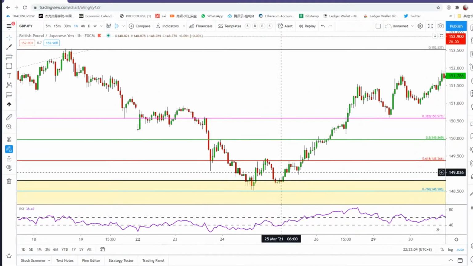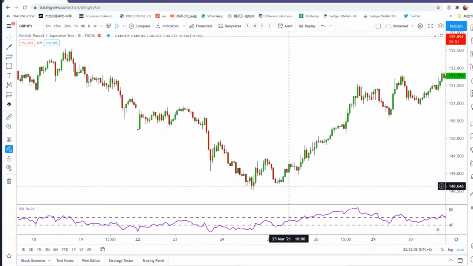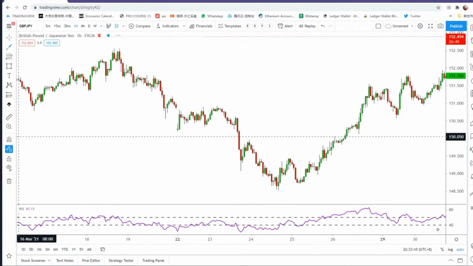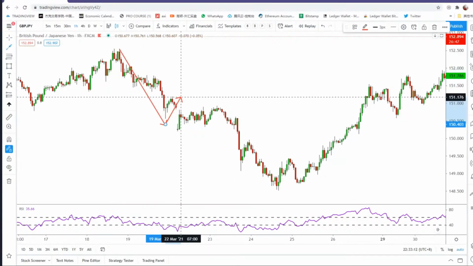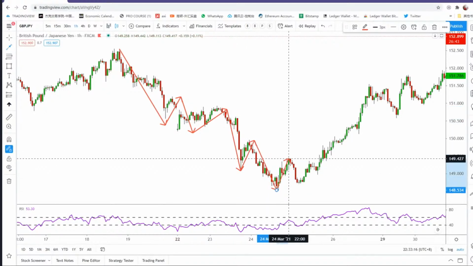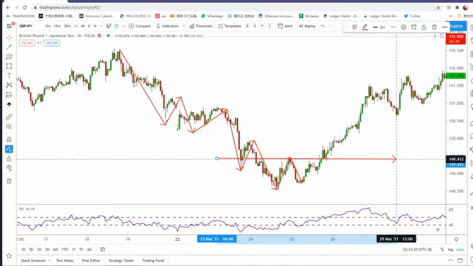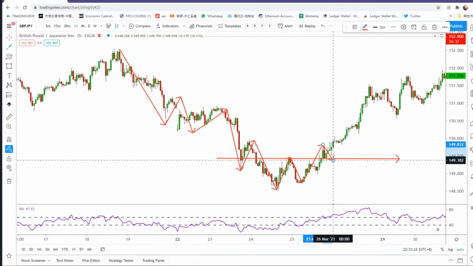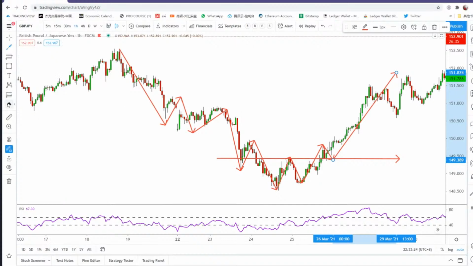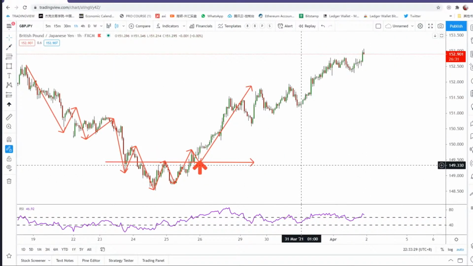You can see this beautiful reversal pattern comes in at 148.62. Previously it was a very strong downside wave, one try, two tries, didn't break a new low, and then the neckline was broken here. So you should focus on getting this entry to enjoy the whole rally from 149 to 152.